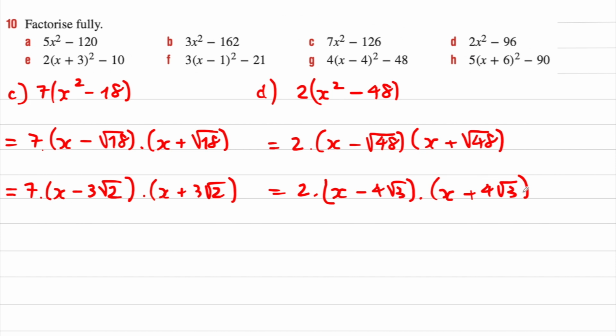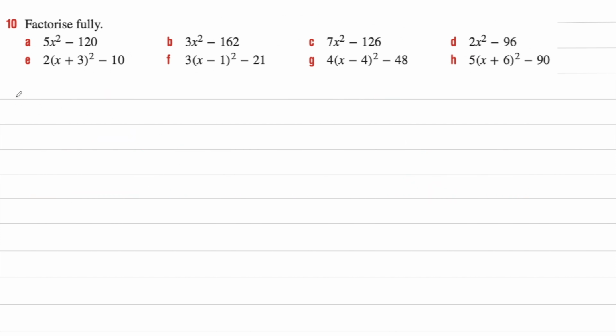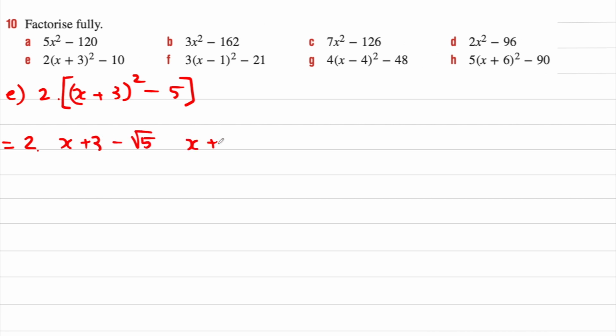How about question E? I will take 2 outside first, a little bit longer and harder. Minus 5, and the new square root will be a little bit complicated. The first term is h plus 3 minus square root 5, and the next one is h plus 3 plus square root 5. I can't do any more for this step, so I will stop here.